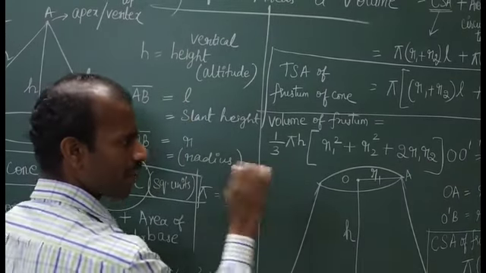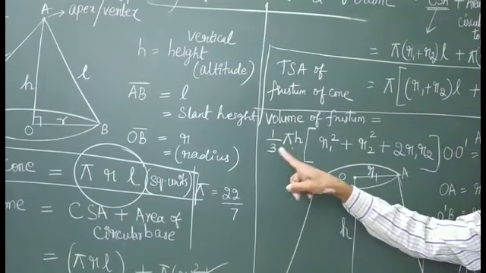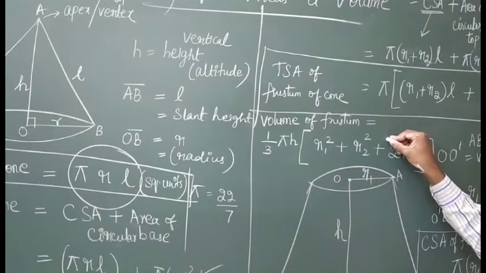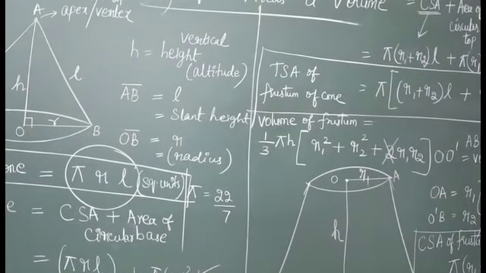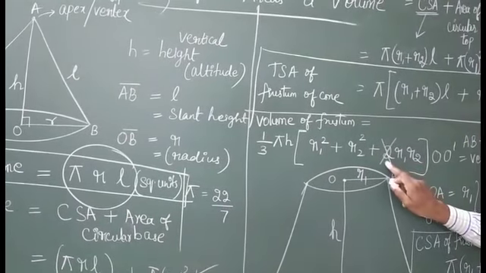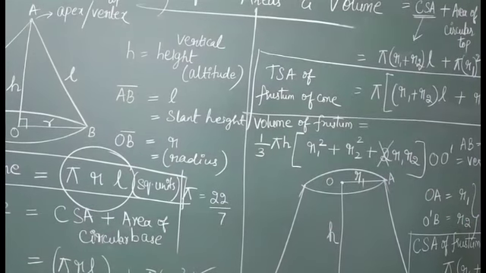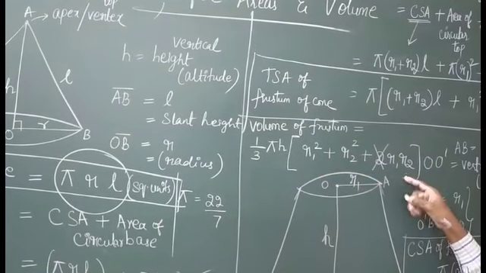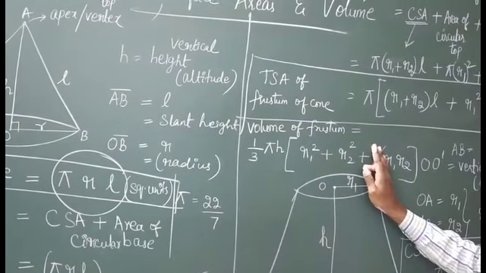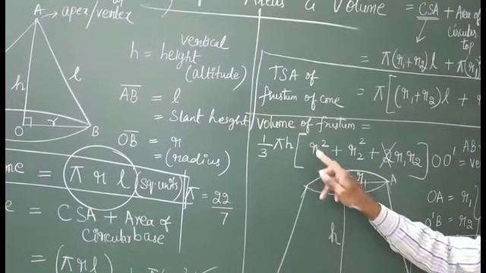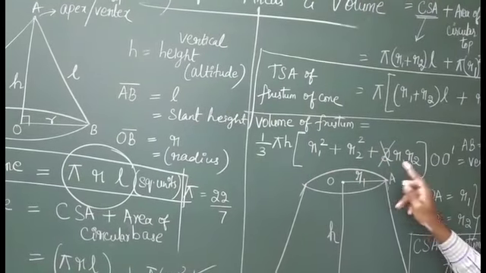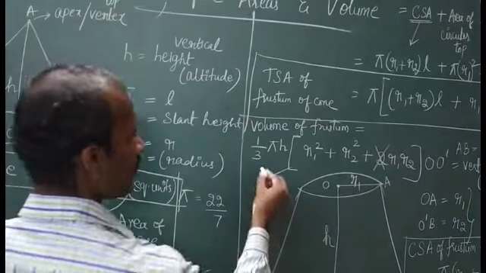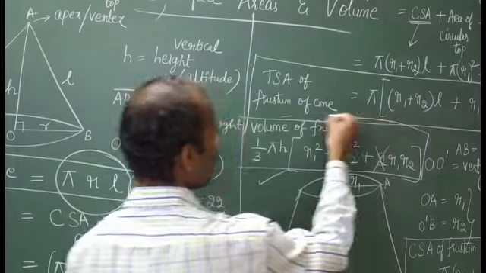But there is a small difference here: 1 by 3 pi h times R1 square plus R2 square, we don't have this 2 here. So it is 1 by 3 pi h times R1 square plus R2 square plus R1 R2. This is my formula for the volume of the frustum of the cone.